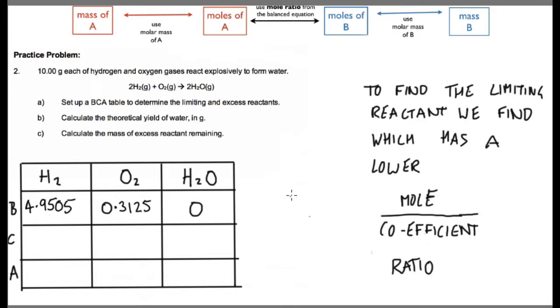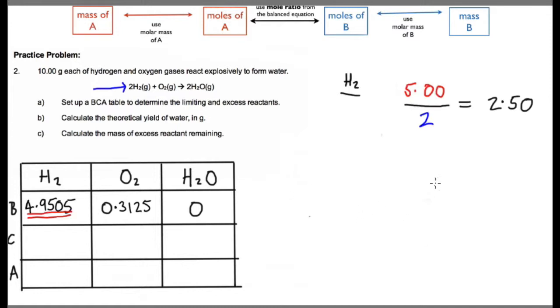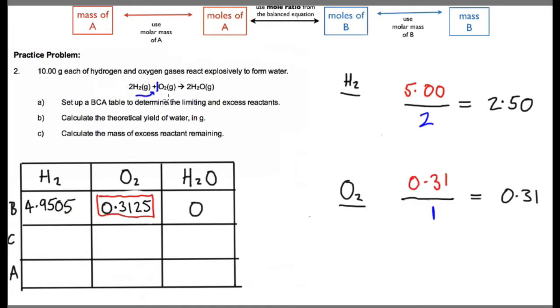To find the limiting reactant, we find which has a lower mole to coefficient ratio. Hydrogen, we've got roughly 5 moles, and I've just simplified it here to make the math easier. We've got 5 moles divided by 2, the coefficient, gives us 2.5. For oxygen, we've got about 0.31, and we can divide it by the coefficient, which is 1, giving us 0.31.